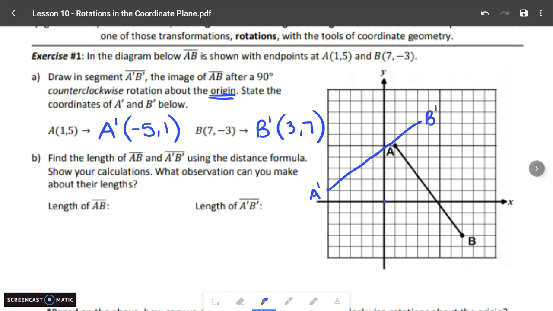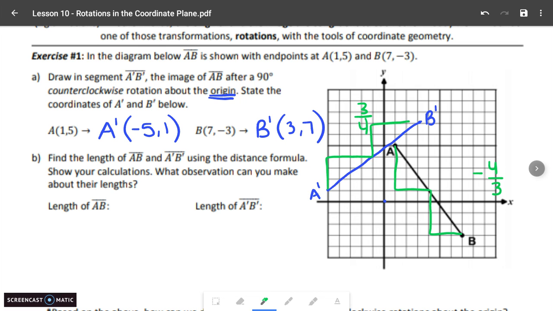And what we should notice is I could look at the slopes of these two lines if I wanted to. And if I did do that, I would see AB looks like it's down 4/3. I can check that, it checks out. So down 4/3, while I'm going up 3/4.